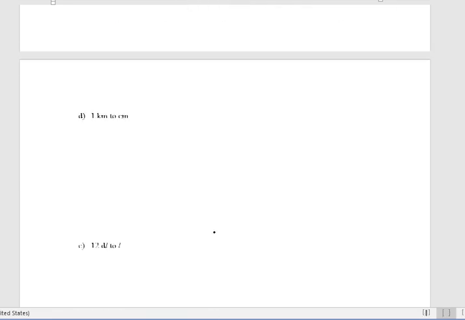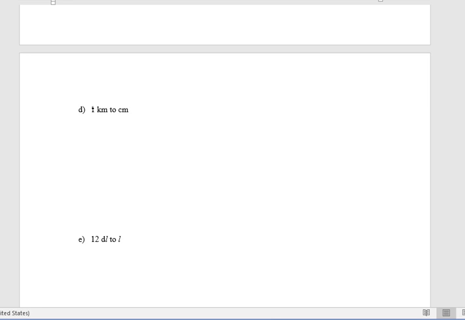Let's move to the next. 1 kilometer to centimeter. We know that 1 kilometer equals 1000 meters, and in 1 meter there are 100 centimeters. So altogether 1 and 5 zeros. So 1 kilometer equals 1 lakh centimeters.